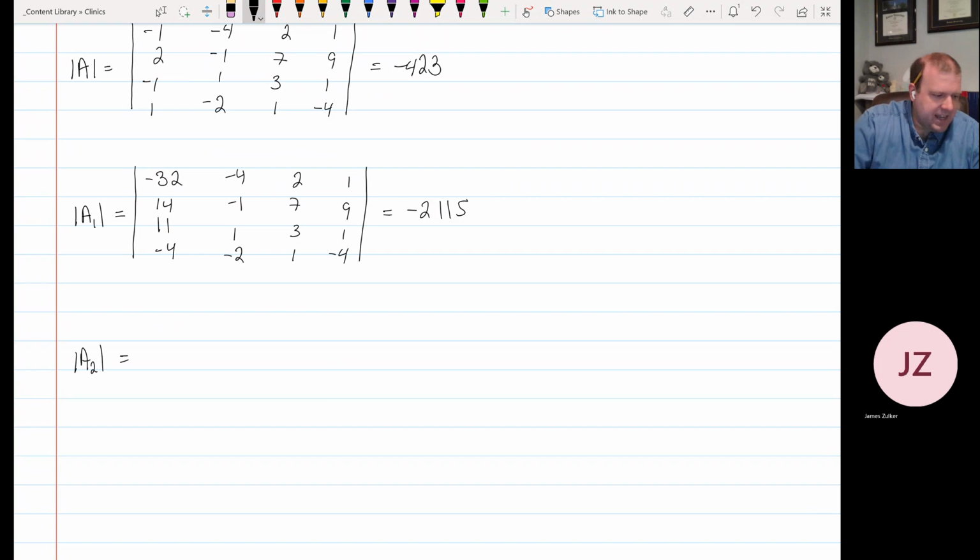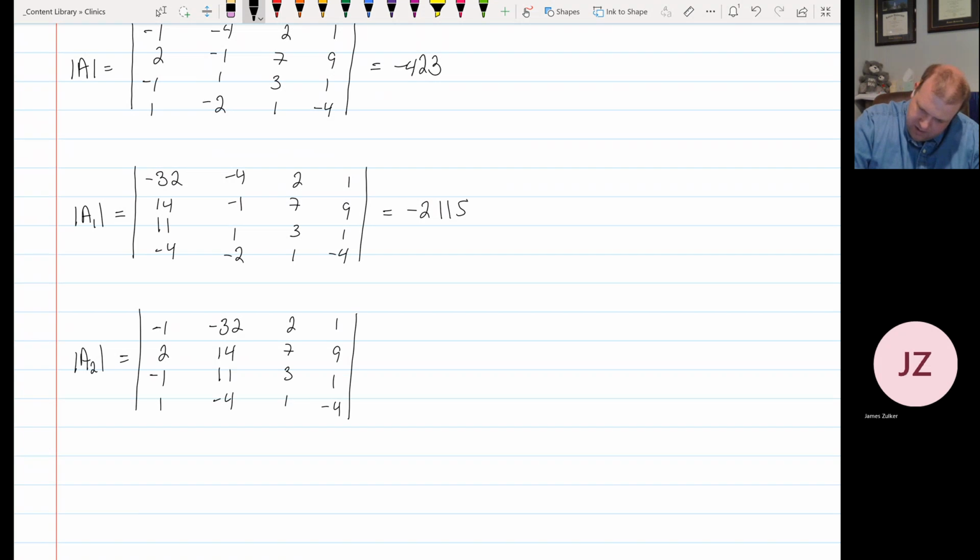Determinant of A2: take the second column of A and replace it with B. That gives us a determinant of -3,384.